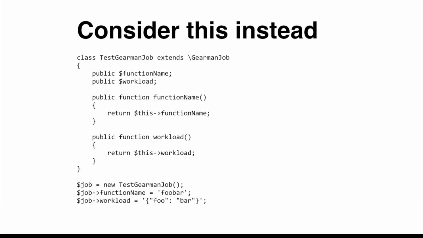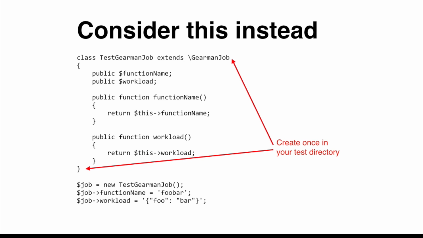So you either have to mock it or do something like this, extend it and implement it yourself. If you do it this way, then you really only need to write 2 or 3 lines of code every time you want to test a Gearman job versus all that mocking code. And same thing goes for the worker and for all this other stuff. And you only need to create it once. You don't need to create this for every test.